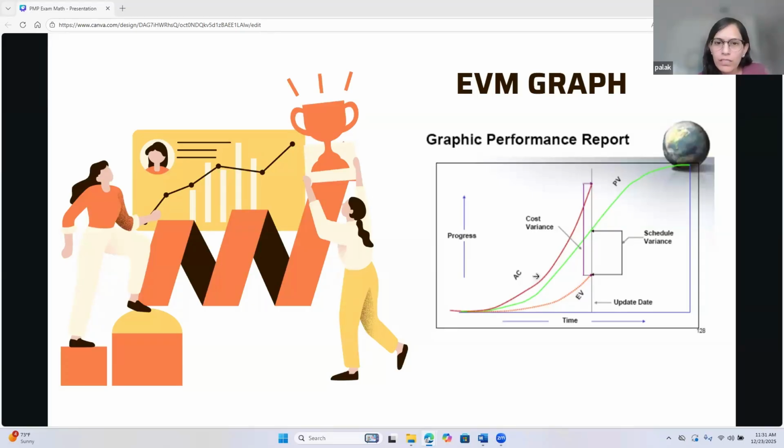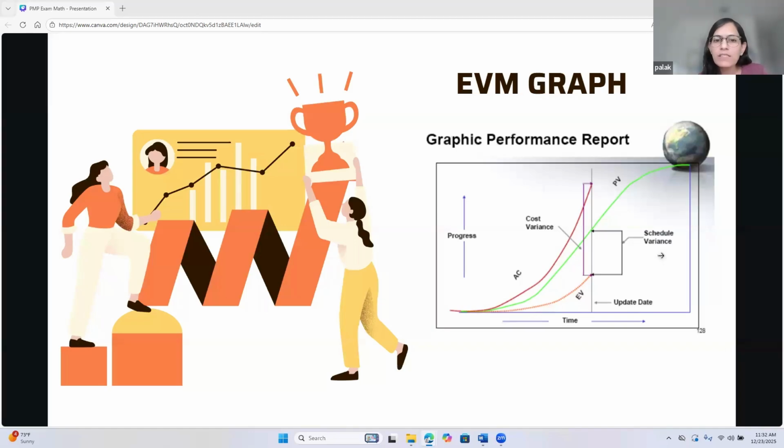So here we can see EV versus PV. Okay, so PV is higher in this case. That means that planned value is higher than what is actually earned. So in this case, it will be negative. If we do EV minus PV, since PV is higher, it will be a negative value. So the schedule variance is negative, which means it's behind schedule.